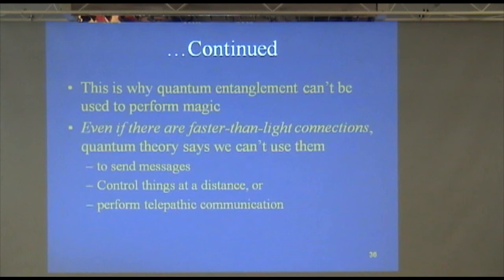Even if there are quantum faster-than-light connections, I mean, ones that underlie entanglement as opposed to some other kind that we haven't discovered anything about, quantum theory itself says you can't use them to send messages. You can't use them to control things at a distance. You cannot use them to perform telepathic communication.